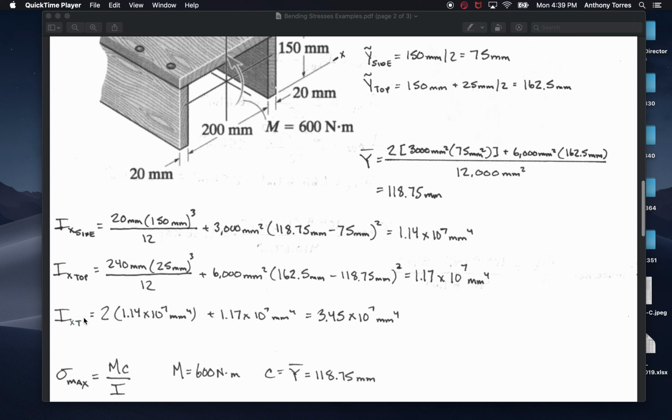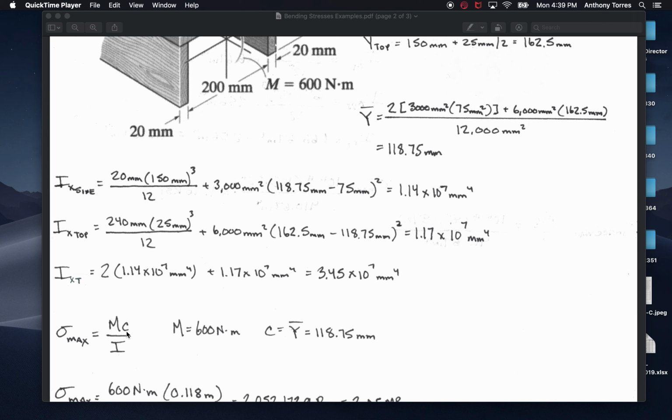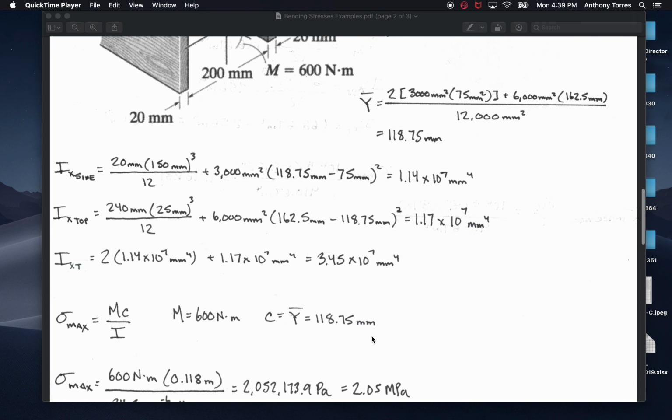Then I just add them all up, but I need 2 times the side, the 114, twice that, plus the one top. I get 3.45 times 10 to the 7th millimeters to the 4th. Then the max is Mc over I, that equation that we always need. M is 600 Newton meters. C is just y bar, which we just got, 118.75 millimeters.